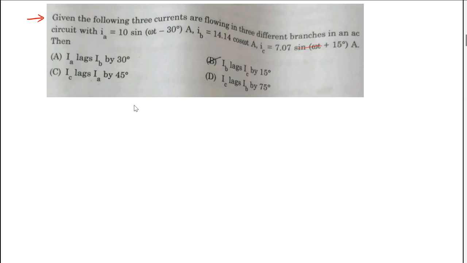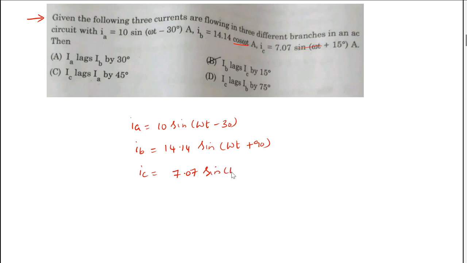Let's take the IA current. IA is equal to 10 sine omega t minus 30. IB is equal to 14.14, and instead of writing the cos, I'll write it in terms of sine omega t plus 90. Similarly, IC is equal to 7.07 sine omega t plus 15 degrees.